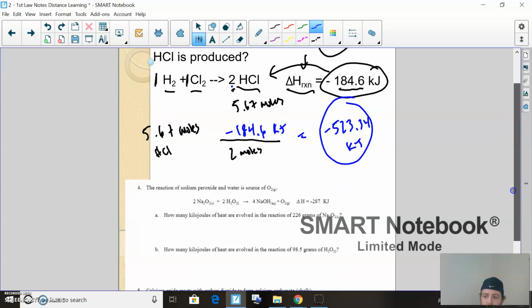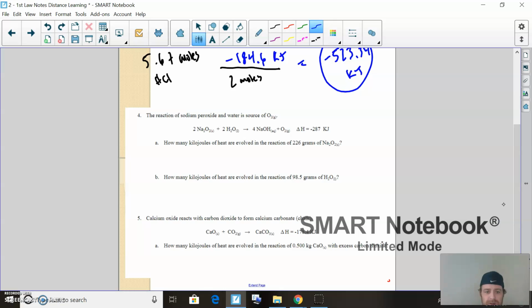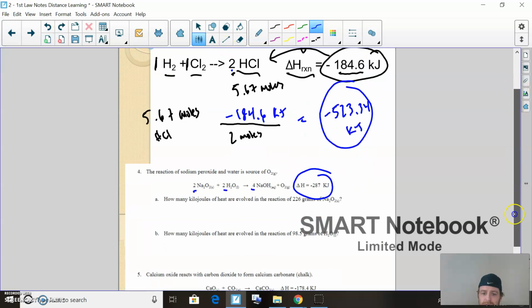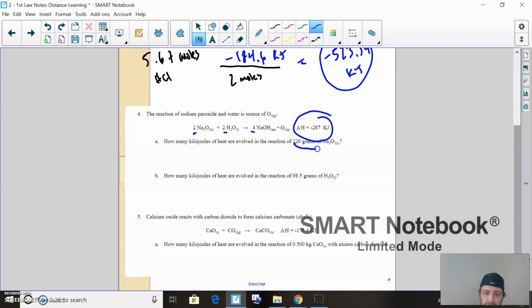All right, let's go to our worksheet. I'll do the first one with you. Here's the reaction. The standard enthalpy tells me that negative 287 kilojoules is going to be given off. If I want to find how much heat 226 grams of sodium oxide gives off, what's going to change that number? I have to do some stoichiometry.